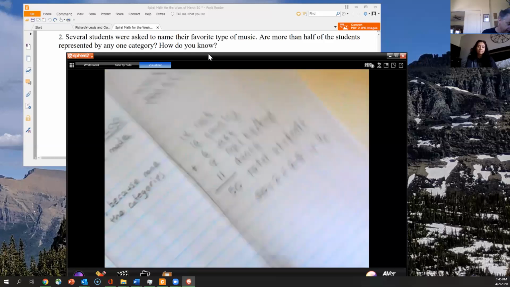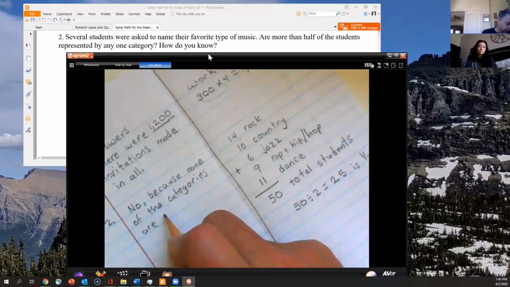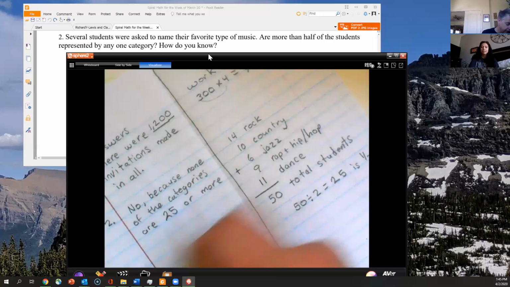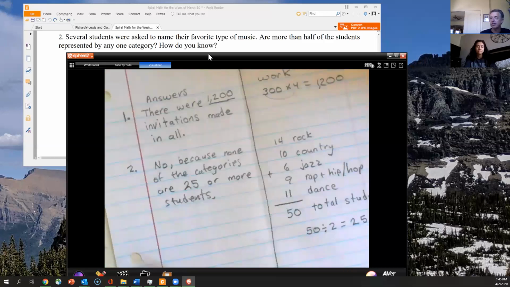None of the categories are 25 or more students. Yep. Because 25 is half of the total amount. Okay, great. That makes total sense.